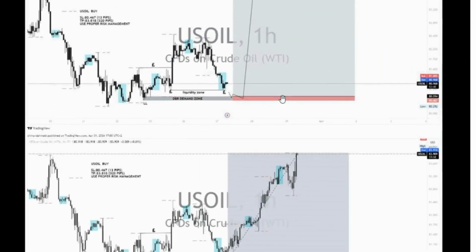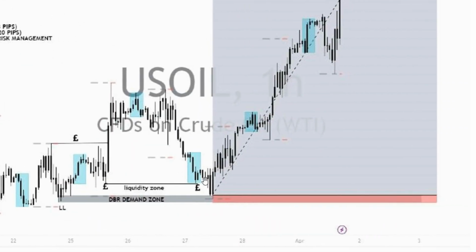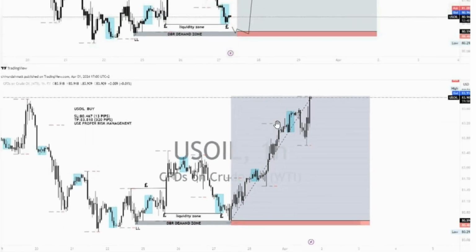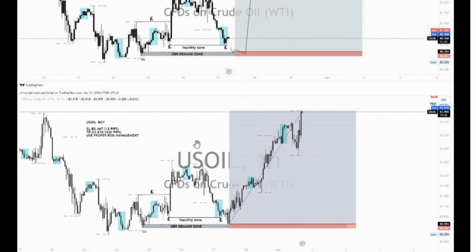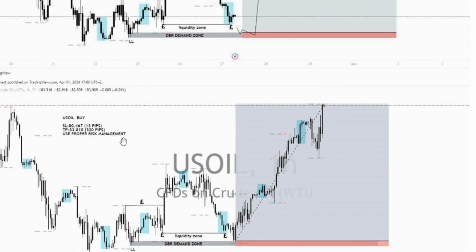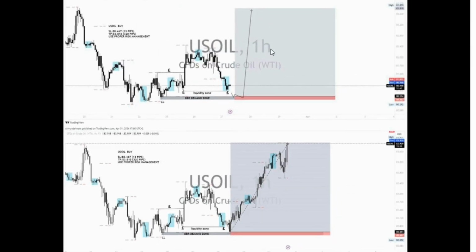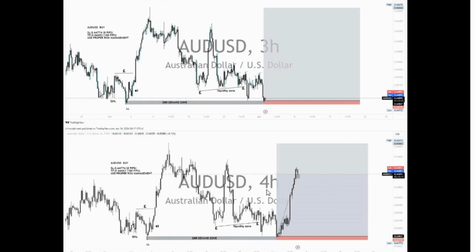And guess what happened? The market beautifully took out the Asian session, and then guess what? The market pushed all the way to our take profit. So we were looking for about 320 pips, and it was achieved right here. Stop loss of 13 pips right here. Beautiful trade, one of the best trades that we've taken. All right, so let's go to the next one.